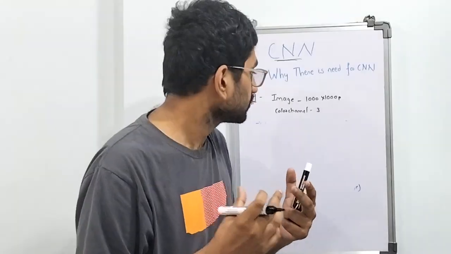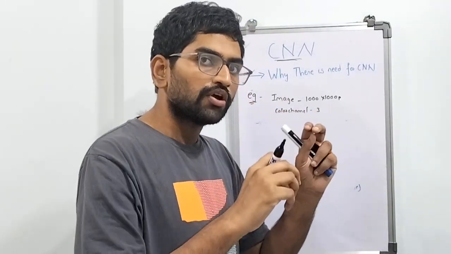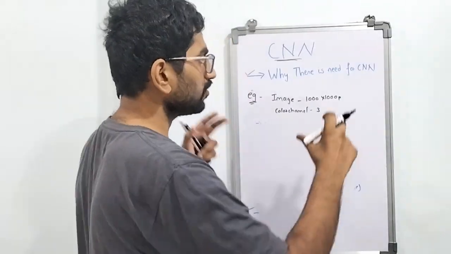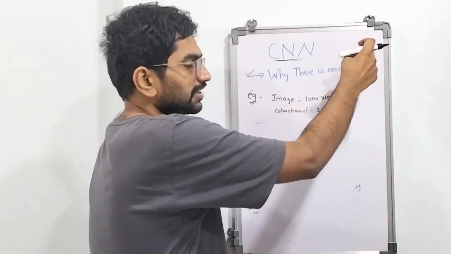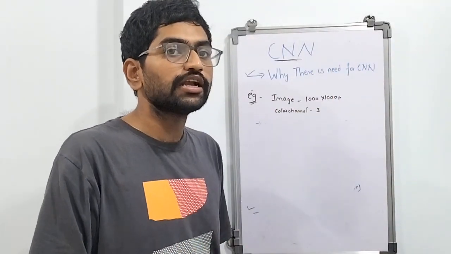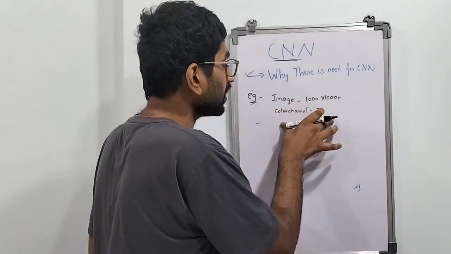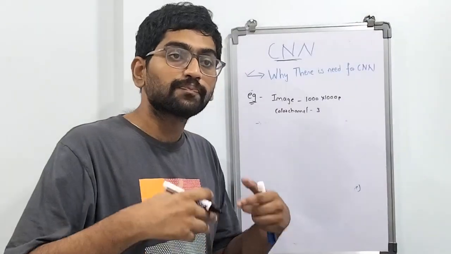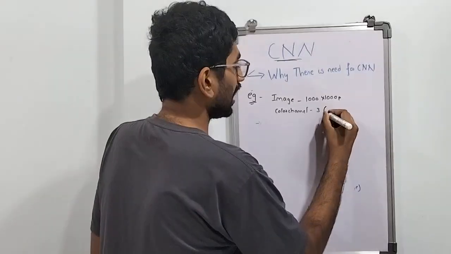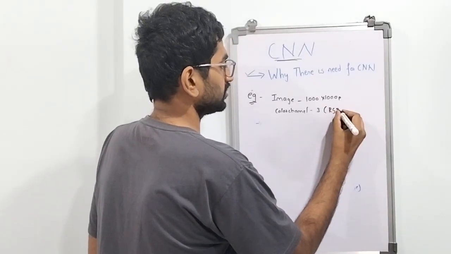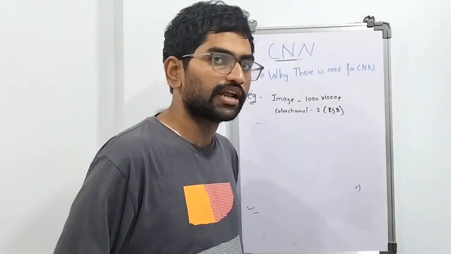Now what is a color channel? In the color images you see when you take a photo, you see different colors, right? Like in this video you see blue, black, and white. When you put the color channel as 3, it means you are putting all the colors, RGB. In simple terms, a combination of these leads to all the colors.